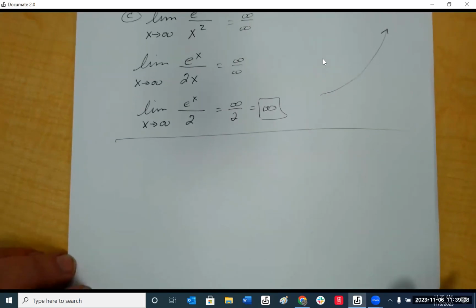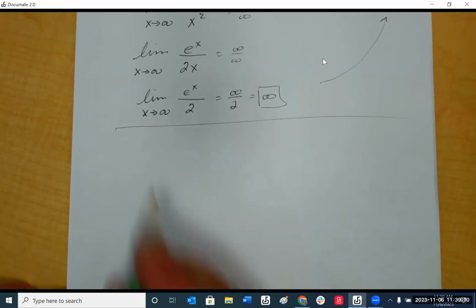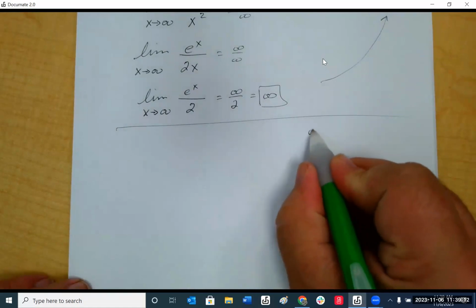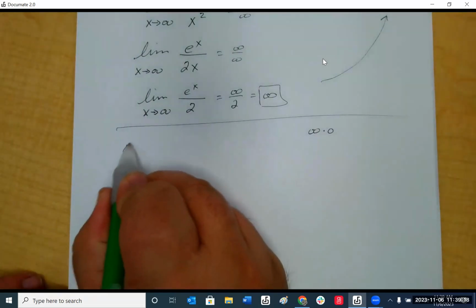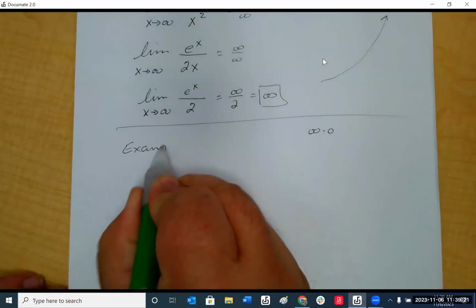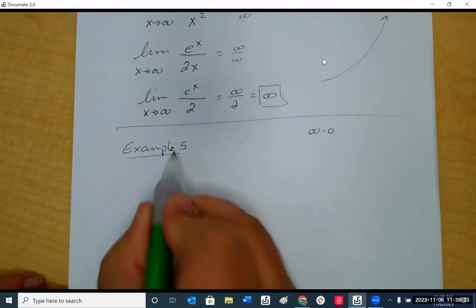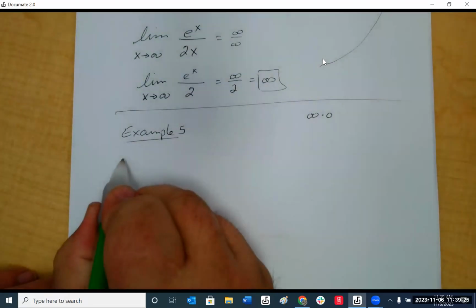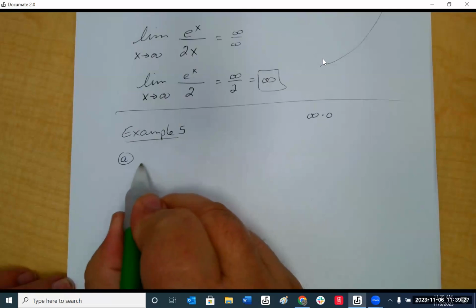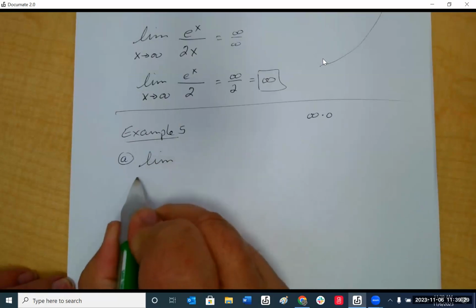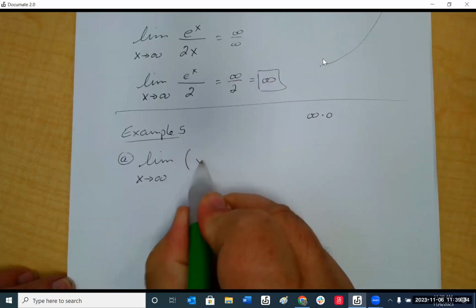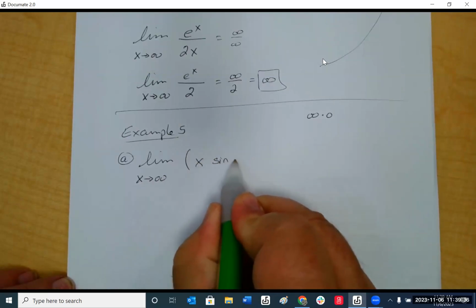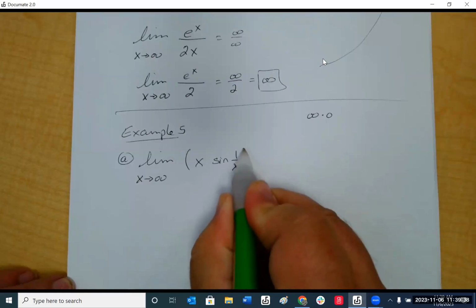All right, now let's look at example 5. Now we're going to look at indeterminate forms that look like these. The limit as x approaches infinity of x sine 1 over x.